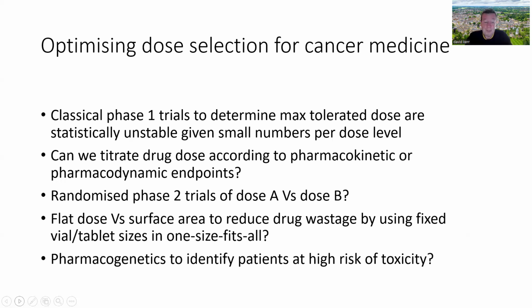Pharmacodynamic endpoints, that's when we try to titrate the biologically effective dose of the drug. Say we're inhibiting a particular kinase, can we, during the phase 1 trial or phase 2 trials, collect blood samples for pharmacokinetics, and can we collect cells that would allow us to see if we're inhibiting the target enzyme, if enzyme it is, to the right level.